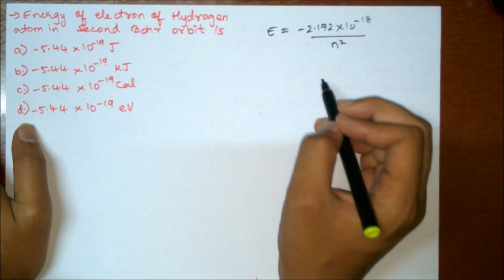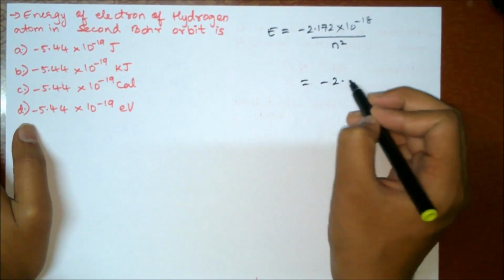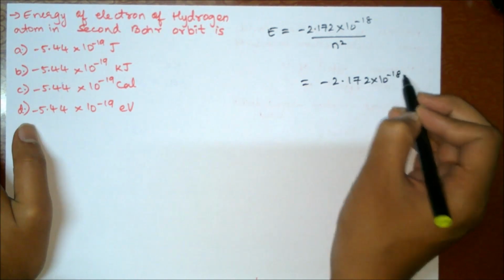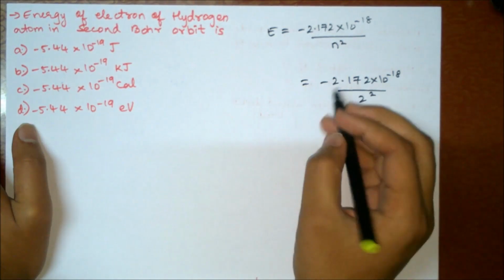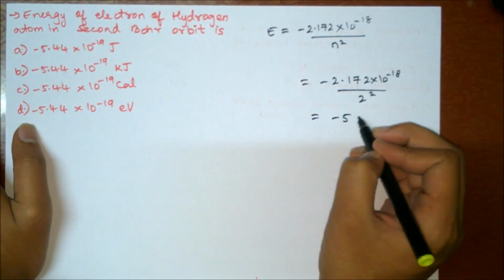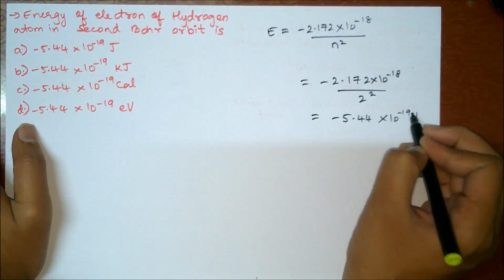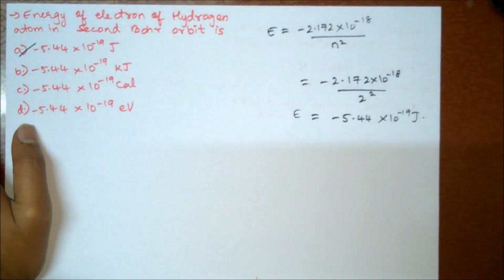So here is the second Bohr orbit, so n is equal to 2, so we can write minus 2.172 × 10^-18 by 2 square. On solving this, we get energy as minus 5.44 × 10^-19 joules. So option A is the correct answer.